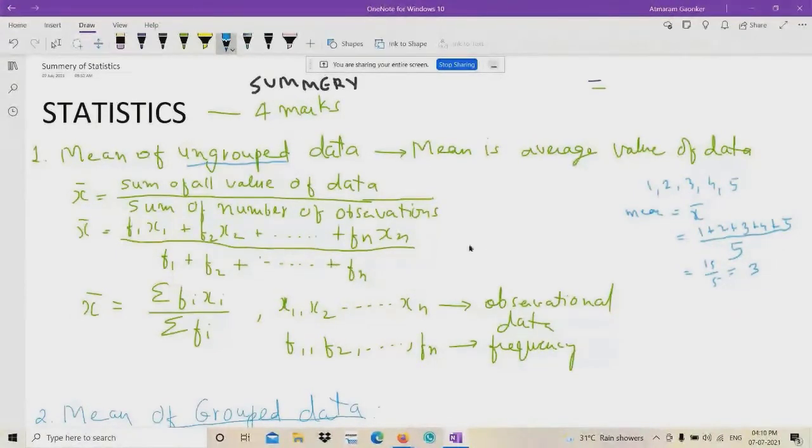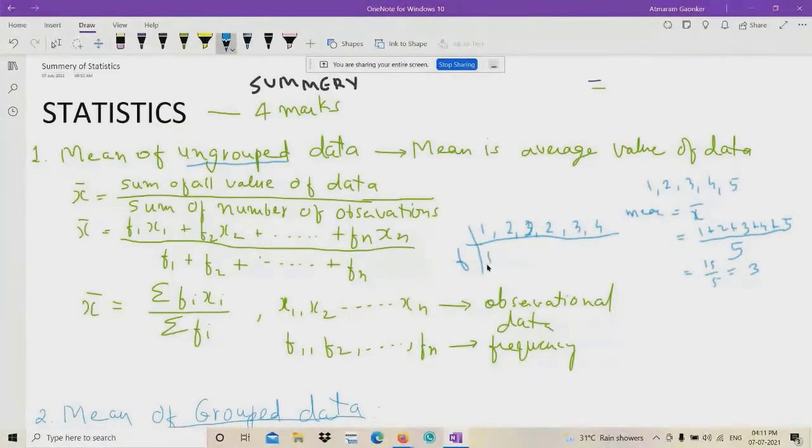Now let us say 2 comes 3 times. 2 comes 3 times in this. So this is 3, this is 4. Now what is the frequency of this observation? Frequency is nothing but how many times that observation occurs. So this one occurs only 1 time.